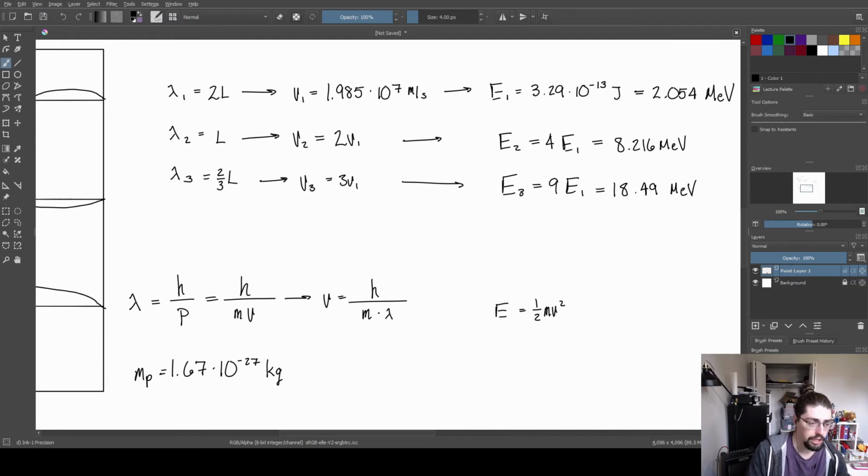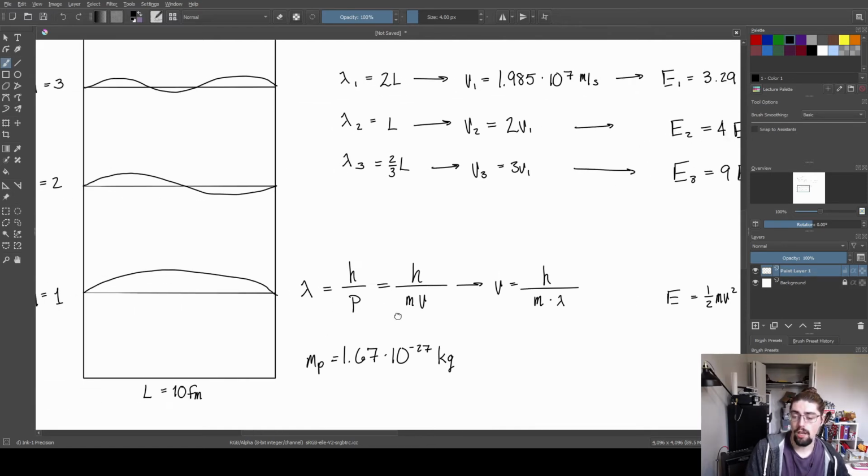The answer is really, we simply wouldn't see it. It can't exist. It's not a standing wave. As we have seen on the strings before, when we have these standing waves, they have to exist in very particular ways.